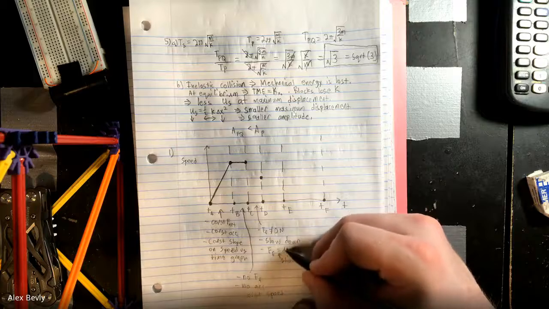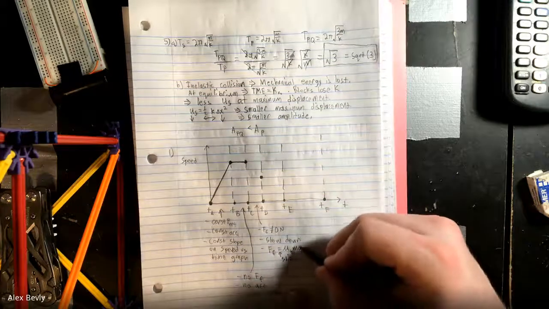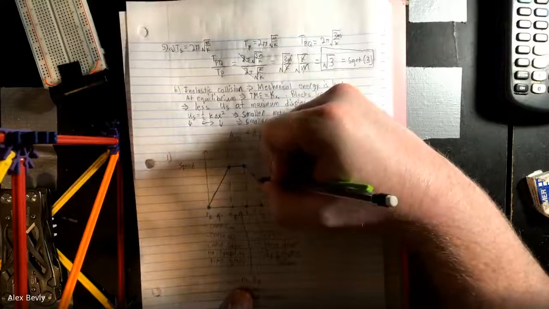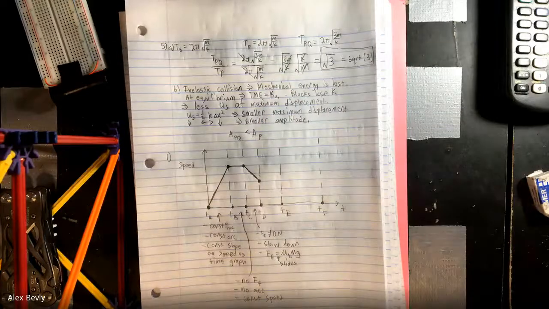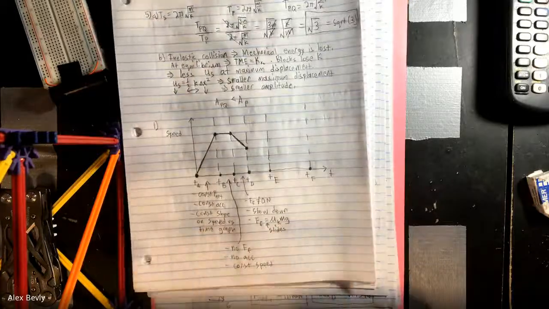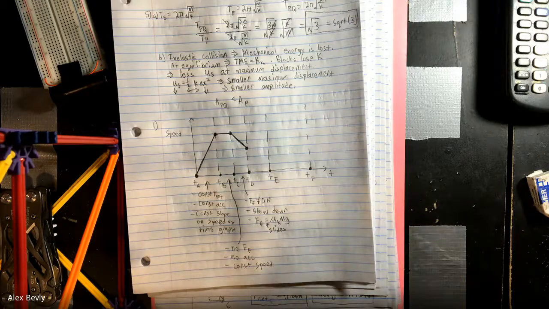So coefficient of friction, it doesn't say anything about a non-uniform surface, and we're not changing the weight of the object. So yes, we do have a constant slope from here to here. And I would be writing these out. It's not important to answering this question, but it's probably going to be more relevant to this year's test.